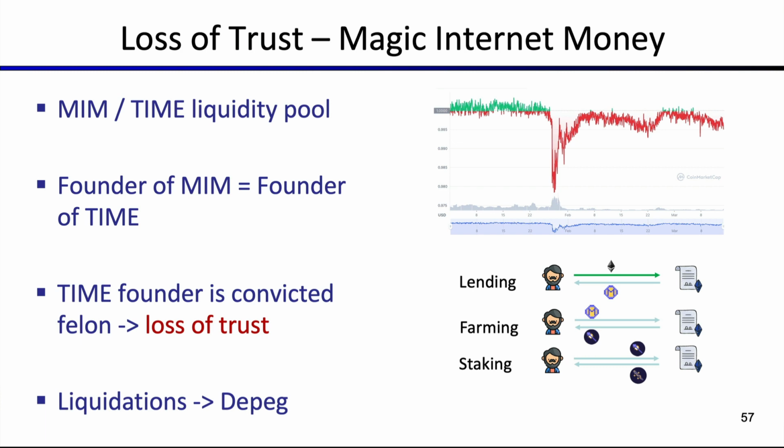So this is definitely not any technical specificity, but you can see how the entire ecosystem depends on whether a stablecoin can be stable or not. And when this news broke, apparently there were quite a lot of liquidations, and this then caused a depeg of this particular coin.